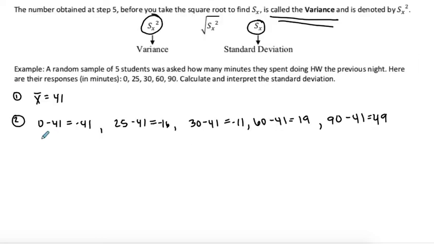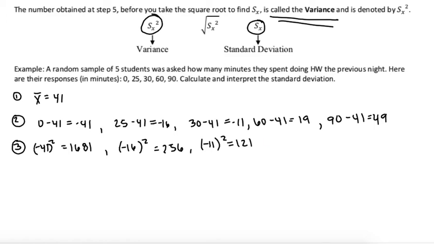So now I'm going to square each one of those. I'm going to take negative 41 squared, and I do want to square that negative. Then negative 16 and square it, and negative 11 and square it, and 19 and square it, and 49 and square it.